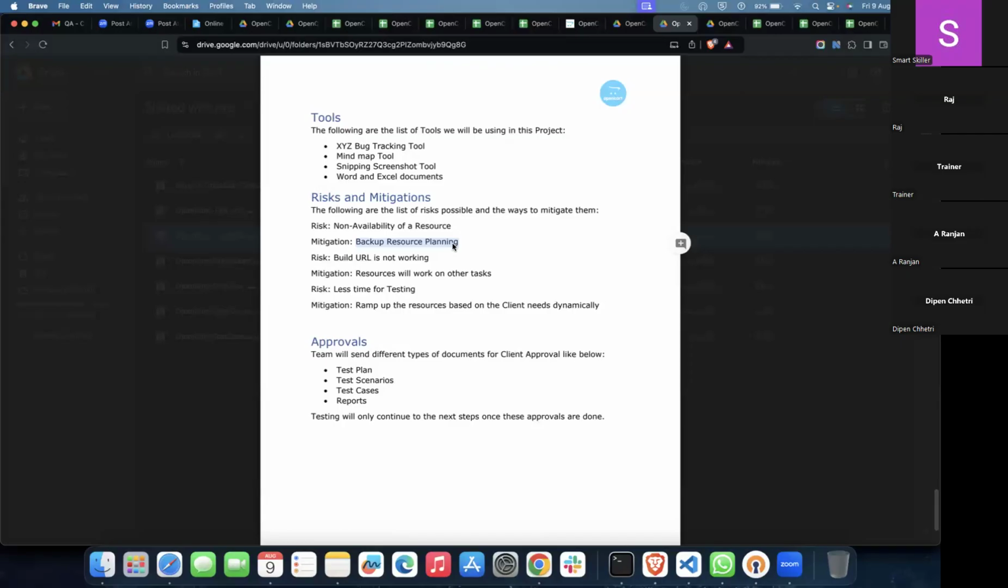So they need to prepare and plan for that backup resource. They'll just go ahead and plan it. Like, okay, if anyone takes a leave, we can just include our backup tester here or our backup developer here. Or if anyone is not present, we can just distribute the workload amongst the existing members.